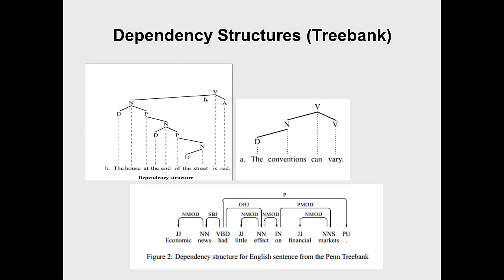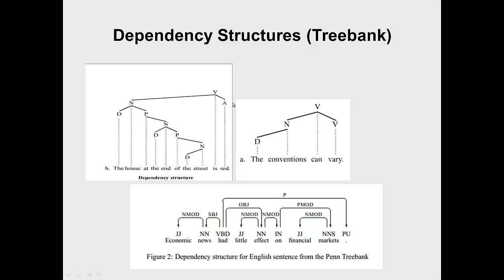So what is dependency? The dependency grammar basically defines a dependency tree. This is the parsed tree for the dependency grammar. It's called the tree bank. It generates a dependency structure. For example, the house at the end of the street is red. Is a verb related to the noun house.